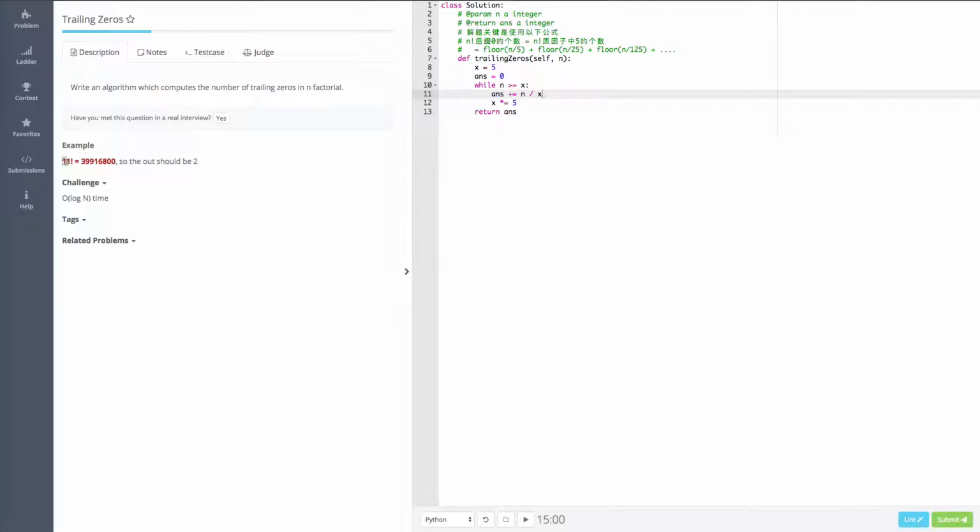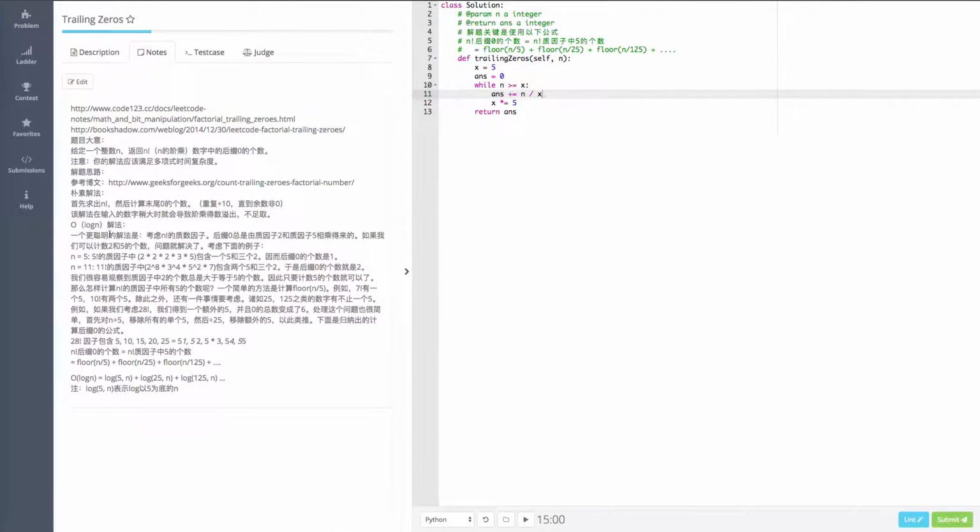In this case, we have to think about how these zeros are generated. If we analyze this, we realize that it's all related to n's factorial factors. Only when we have 2 multiplied by 5, then we have zeros, right?